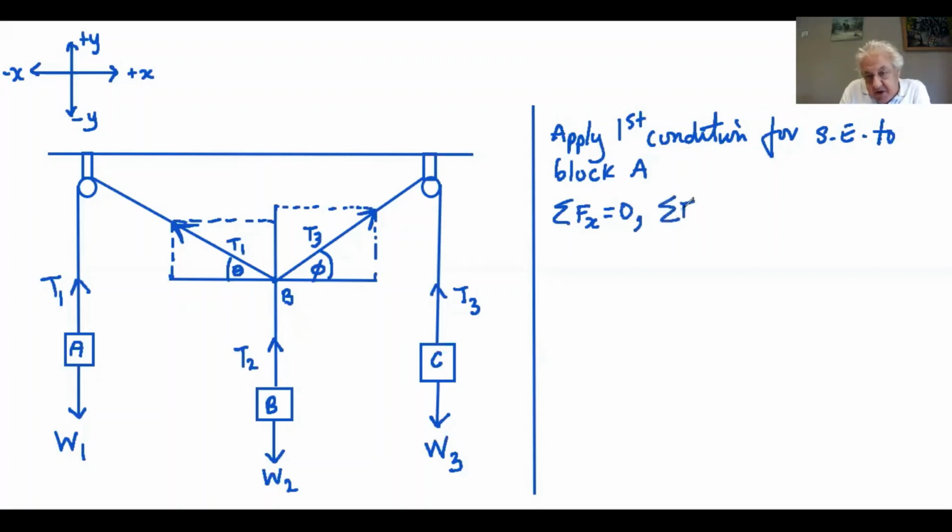The forces in the y direction are T1 and W1. Now T1 is in the positive direction. I've defined the directions at the top here. This is positive, this is in the negative direction, so T1 minus W1 equals 0. So we get what we know by intuition. To balance, these two forces must be equal and opposite.